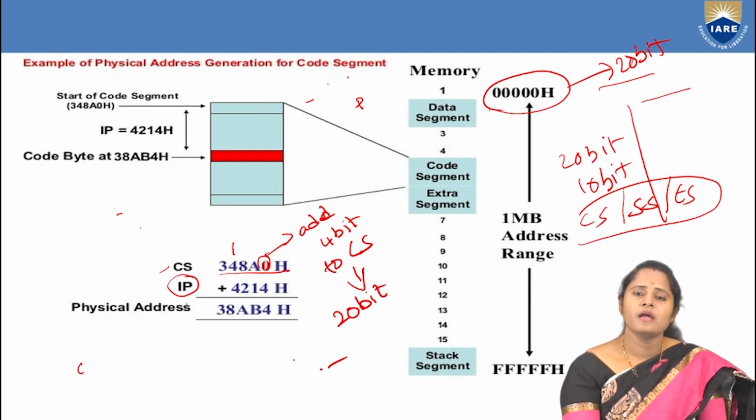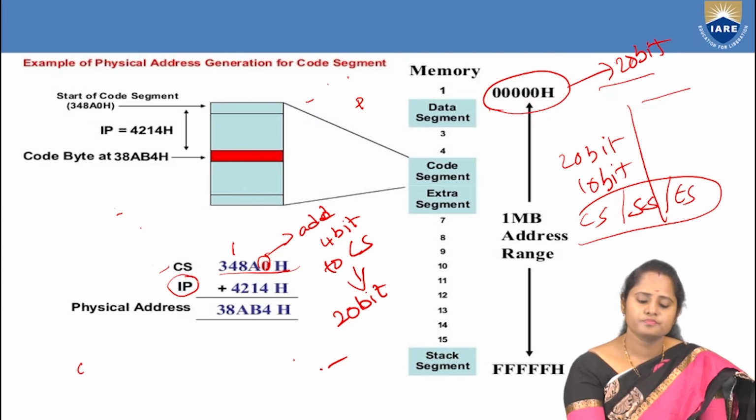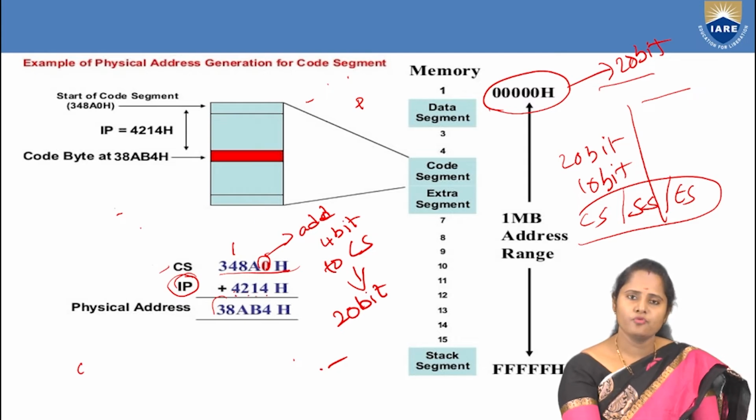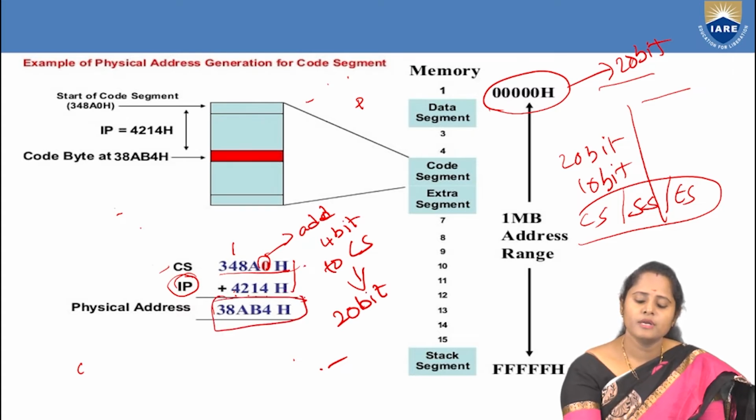The instruction pointer is the memory location you are accessing in the code segment, whose code segment address is 348A0. This instruction pointer address is 16-bit, which is 4214H, and this is added with the CS, generating the 20-bit address, that is 38AB4H.